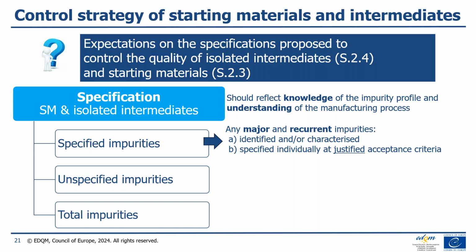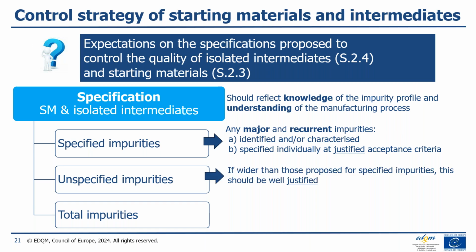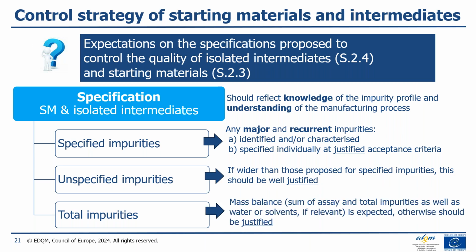These should be, as far as possible, identified and/or characterized, and they should be specified individually with justified acceptance criteria. Limits for unspecified impurities should also be set, and if wider than those proposed for specified impurities, again, this should be well justified. And then, of course, a limit for total impurities, which should present mass balance. And again, otherwise, this should be justified.